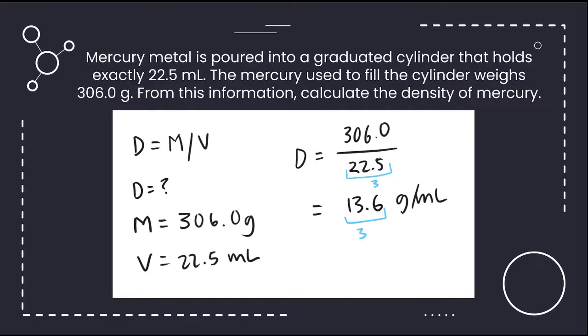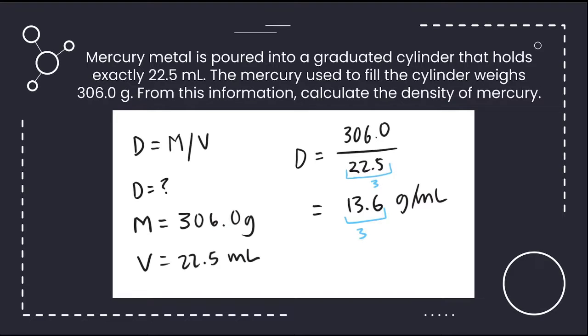Simplifying that would be 13.6, because the three significant figures from the 22.5 apply to 13.6, which is also three significant figures. And the units we would use are grams over milliliters.